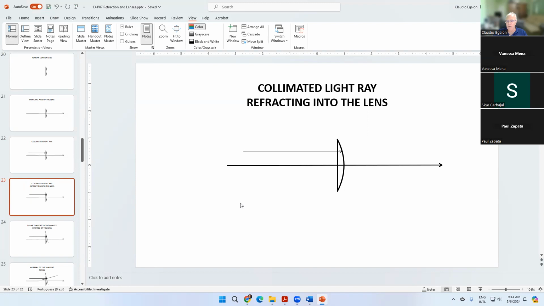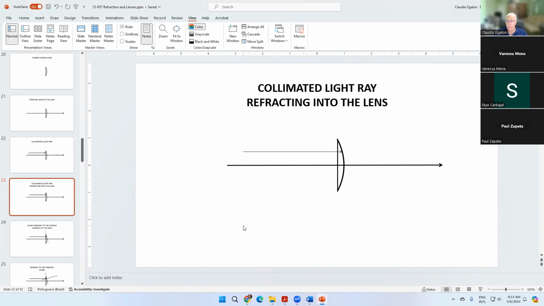And then when it reaches the other surface, the spherical surface, the light ray will refract into the air and away from the normal because it's going from a higher index of refraction to a smaller index of refraction.